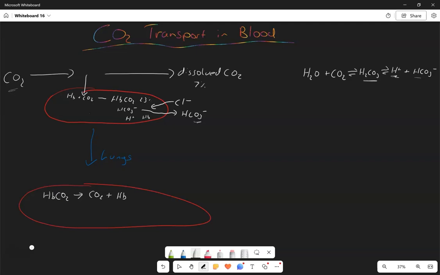One of the things that happens is, remember, at the lungs, that oxygen comes in and it binds to the hemoglobin. When oxygen binds to that hemoglobin, that's what kicks that CO2 off, and that is known as the Haldane effect. The Haldane effect. So the Haldane effect is when the binding of oxygen to hemoglobin decreases the affinity of hemoglobin for carbon dioxide, causing it to be released. Okay?